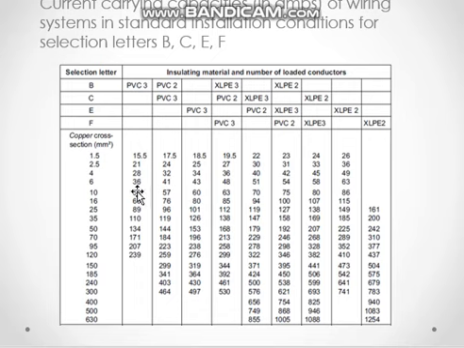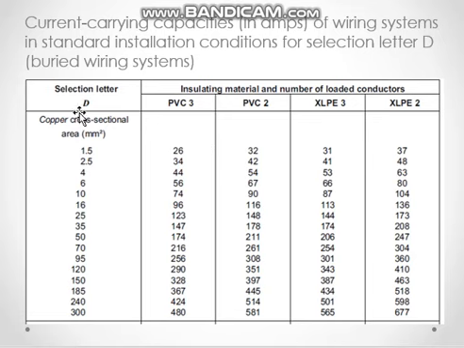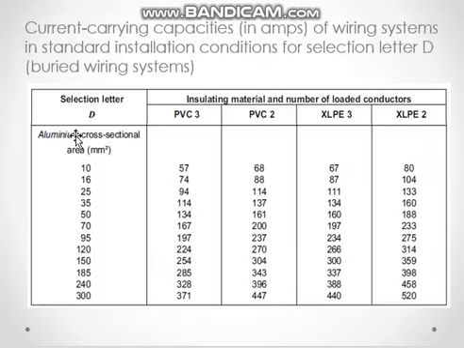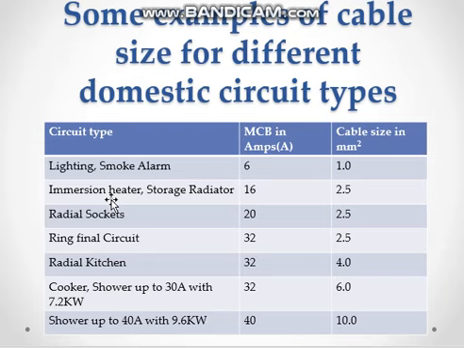Then use this one which has 10 millimeter squared. It is the same for letter D, and these are copper. So here I have aluminum cables, and they are the same in calculating the cable size. Here I have letter D for aluminum, and they are the same while calculating their cable sizes.